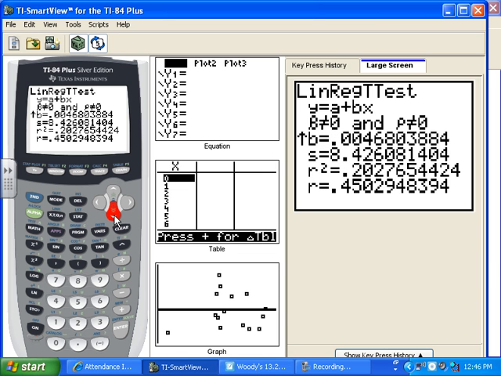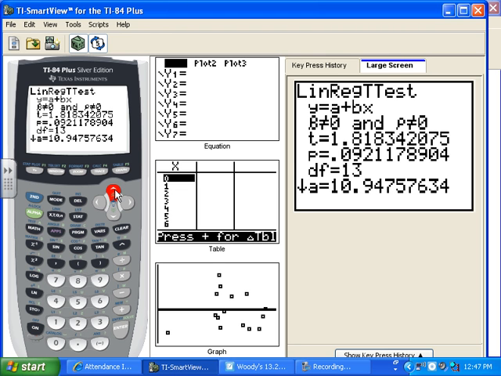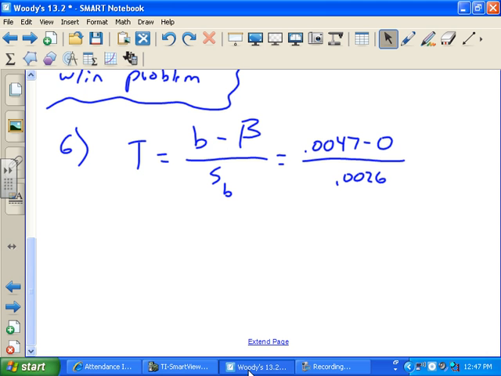I was hoping they might give you the standard error for your slope, but they don't, so we need to use the t-value here. They do give us the degrees of freedom, notice it's 13. It gives us a reported p-value of 0.09 and a t-statistic of 1.82. So we'll report the 1.82 with 13 degrees of freedom.